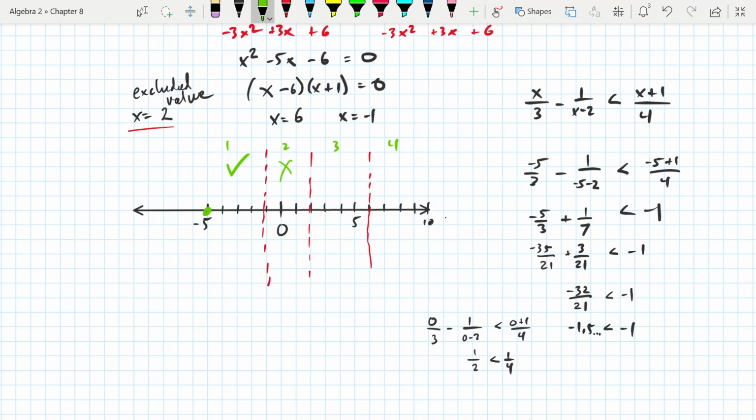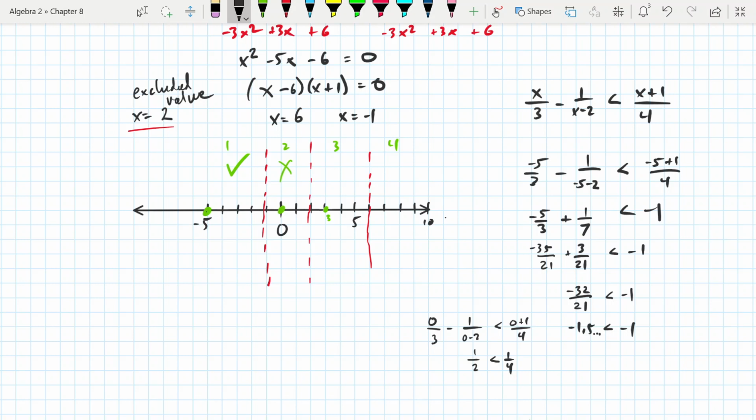And now I'm going to check a number from region 3. How about 2, a nice round number. Oh, wait a second. I can't use 2. I drew my dotted line in the wrong spot. Oh no, I did. That's at 2. My problem was the point I chose right there was actually supposed to be 3.